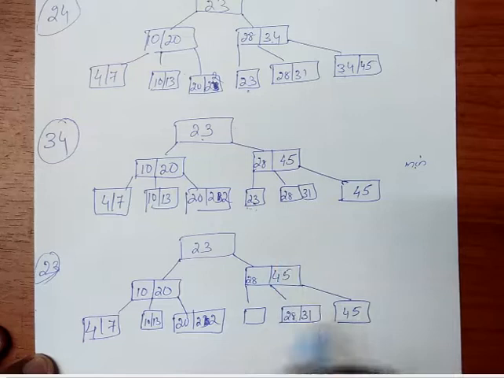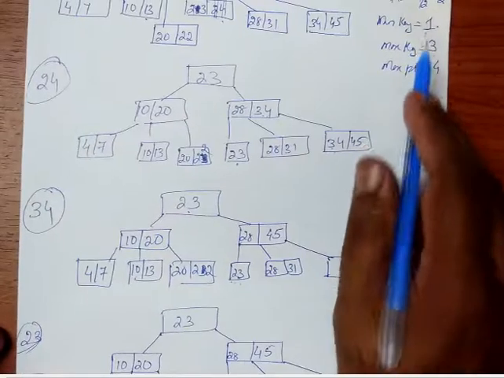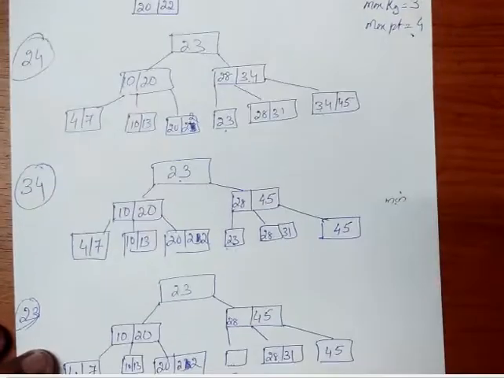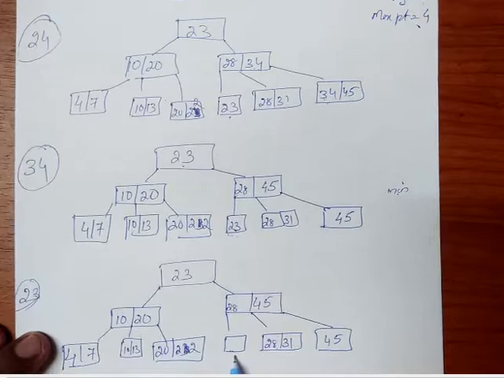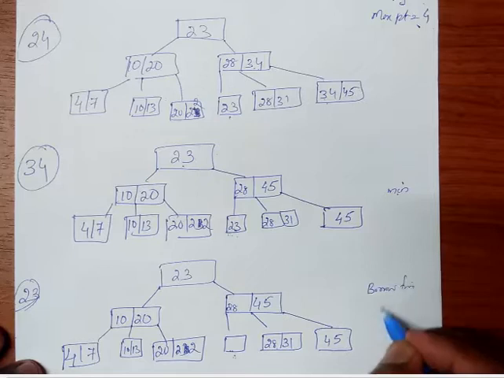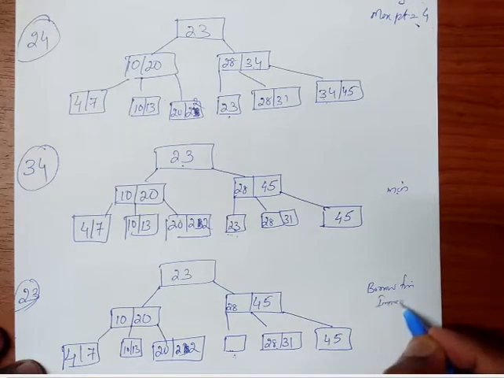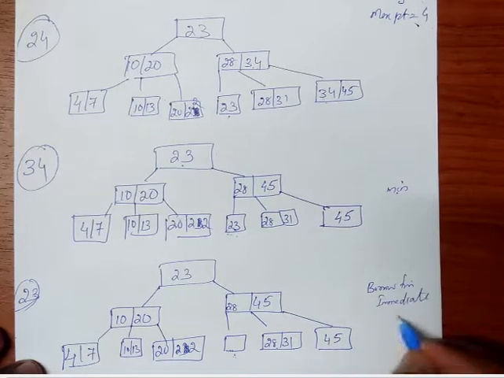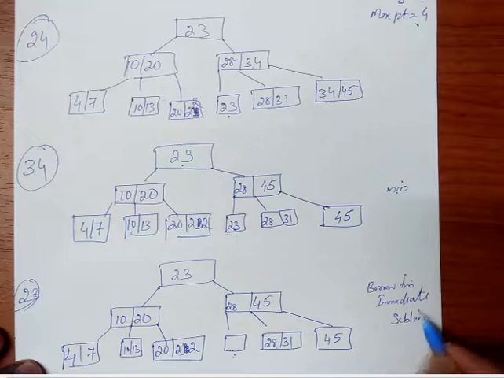Here we can see there is an empty node, and the constraint says the minimum key value should be 1. So what is the rule? The rule is that we have to borrow from an immediate sibling. Here the empty node has no left sibling; it has only a right sibling.